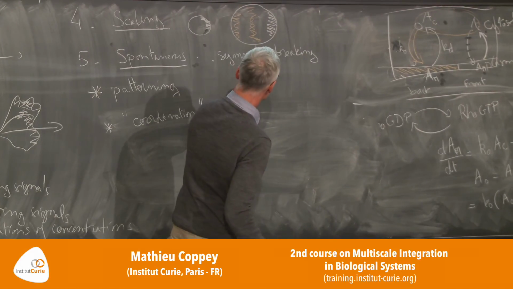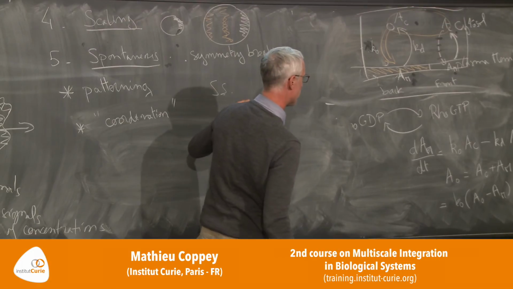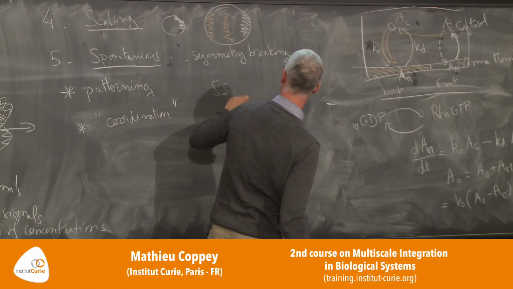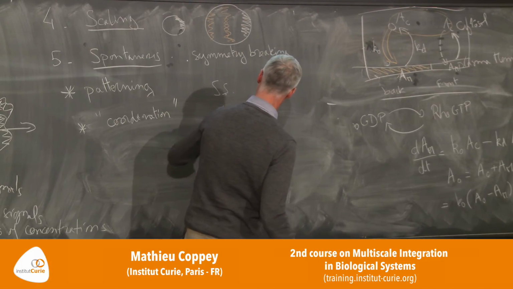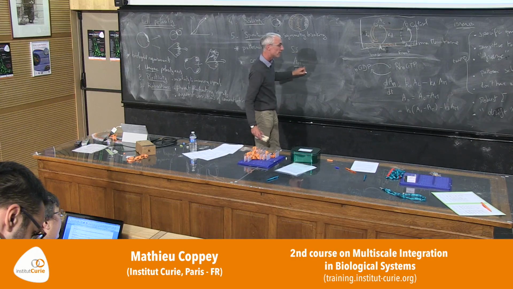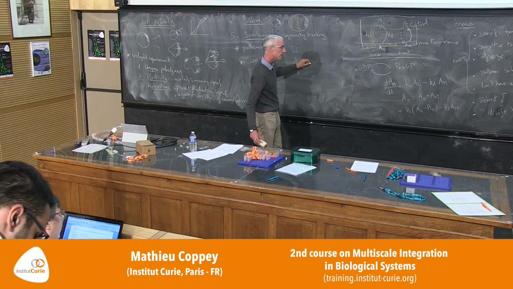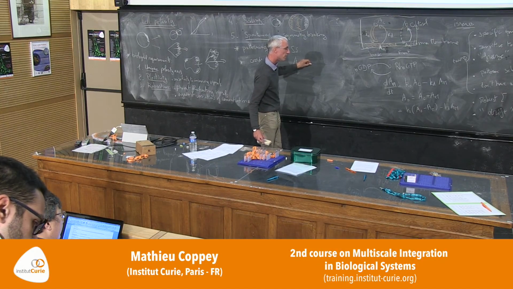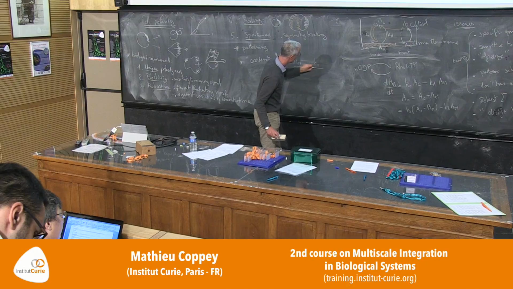If you look at steady state, you just get that AM. I divide by A0, so this is the fraction that is membrane bound, which is simply K0 over K0 plus KD.